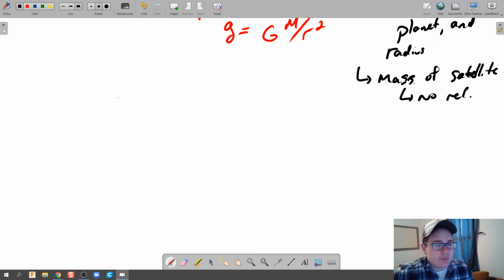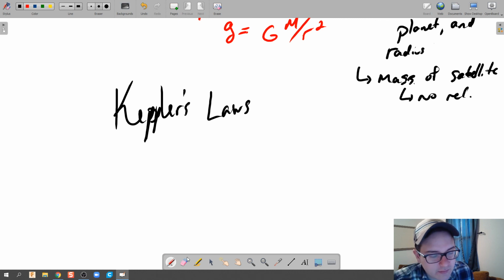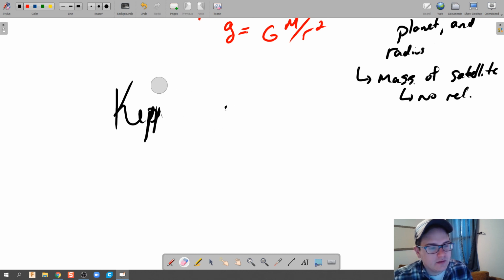Now let's talk about Kepler's laws. Now Kepler's laws are, I guess that's 1p, isn't it? At least I got it written down as 1p. Might be 2. Anyways, moving on.